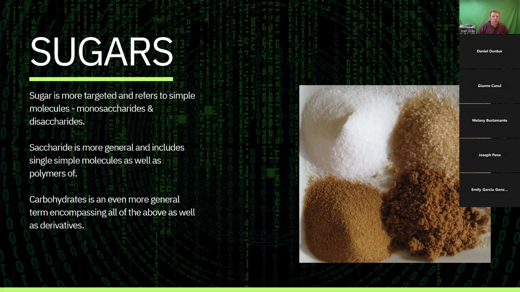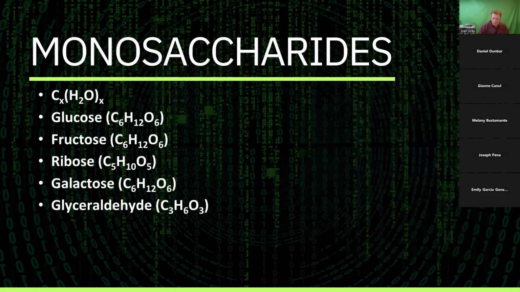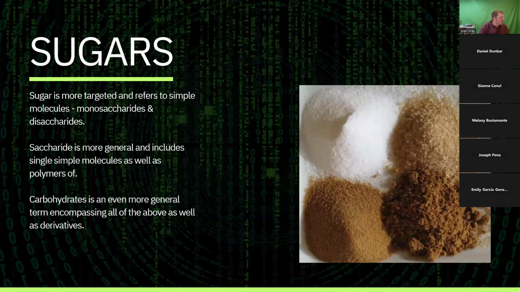So if you've ever heard the term polysaccharide, if you took a biology class and you learned about lipopolysaccharide, well, that's a lipid with a polymer of sugars on it. Carbohydrates is an even more general term that encompasses all of the above as well as derivatives. So carbohydrates, saccharides, and sugars are all terms that we're going to use in this section, and we'll use some of them interchangeably.